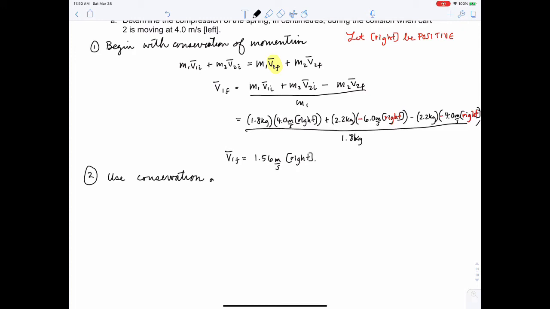So let's use the conservation of mechanical energy to determine the compression of the spring.